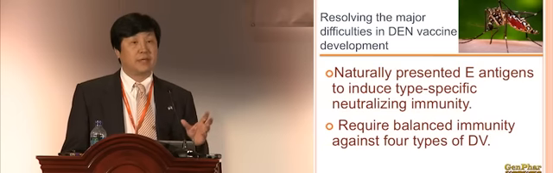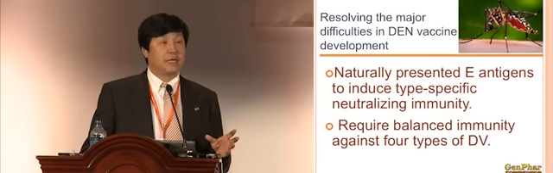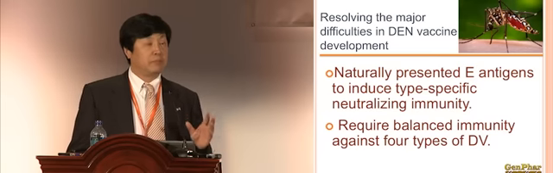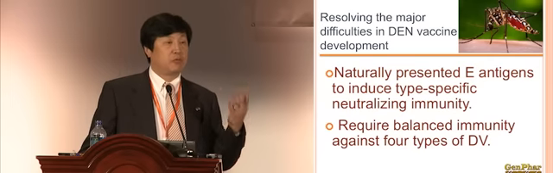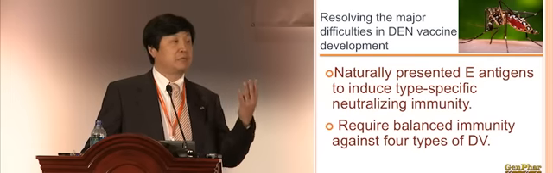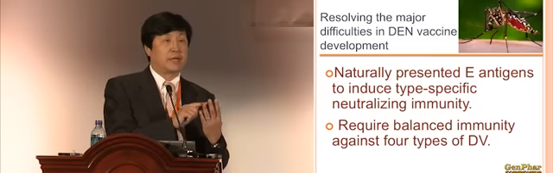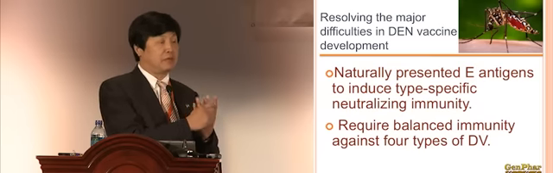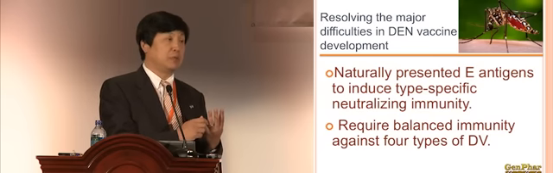Secondly, you have to induce a balanced immune response. This is easy to say, but it has proven to be the most challenging. Not only do the 4 serotypes have different levels of antigenicity, but when you put them together, the replication efficiency of each attenuated virus is also directly related to the immunogenicity.